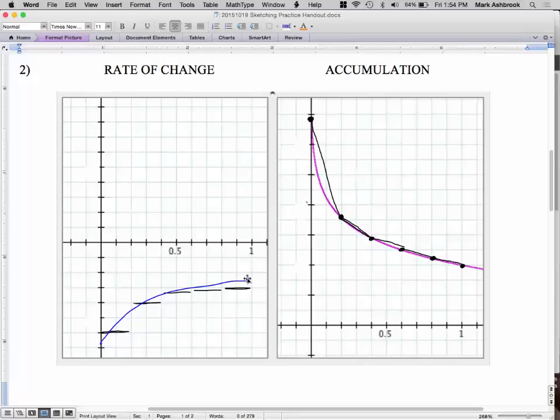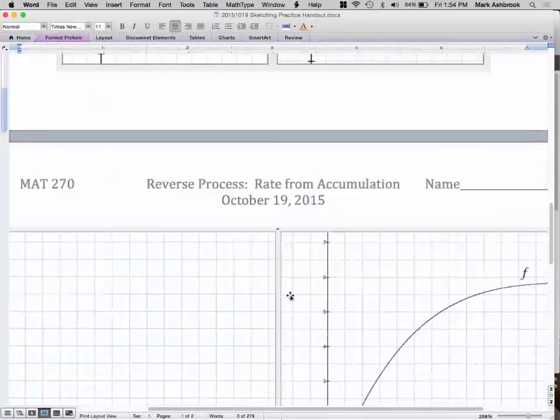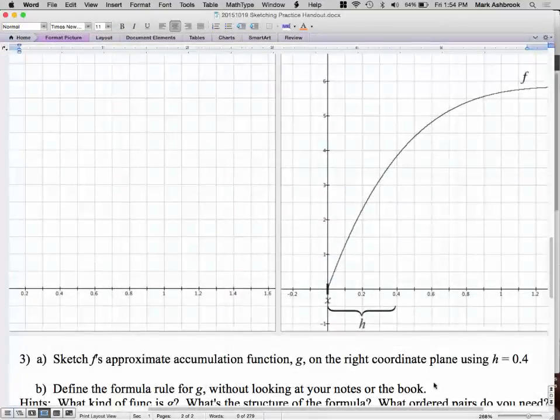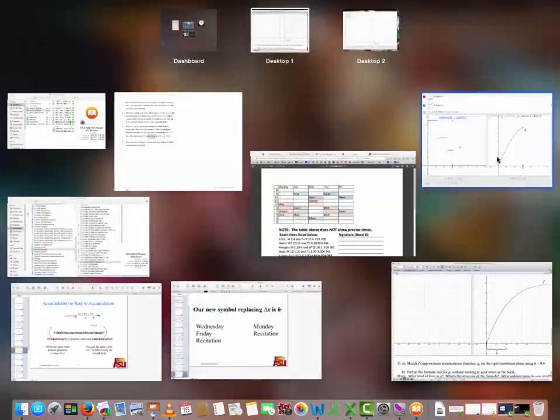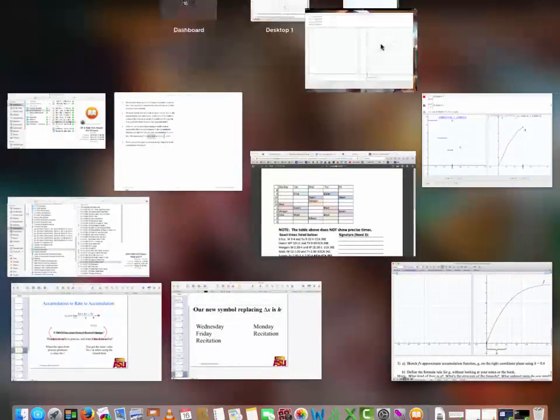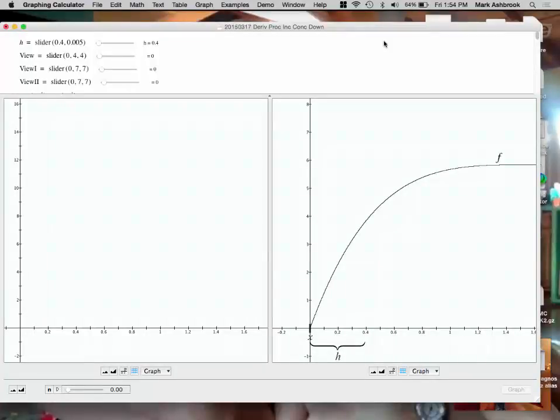Okay, so page 2, another example, but we're going to look at it more in depth here. It says, sketch F's approximate accumulation function on the right coordinate plane using h equals 0.4.